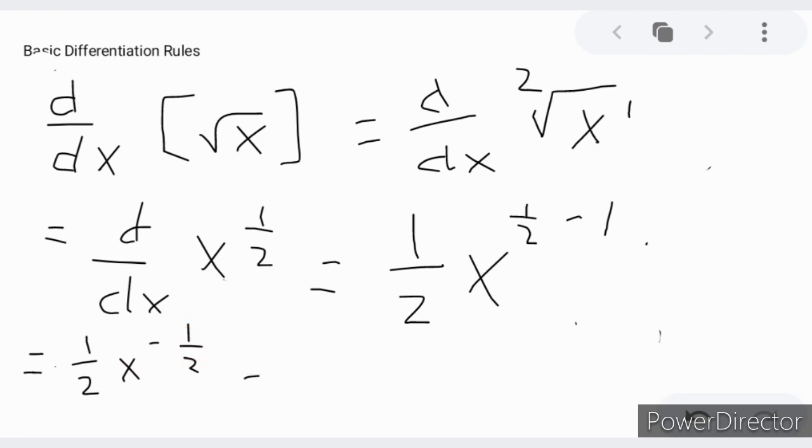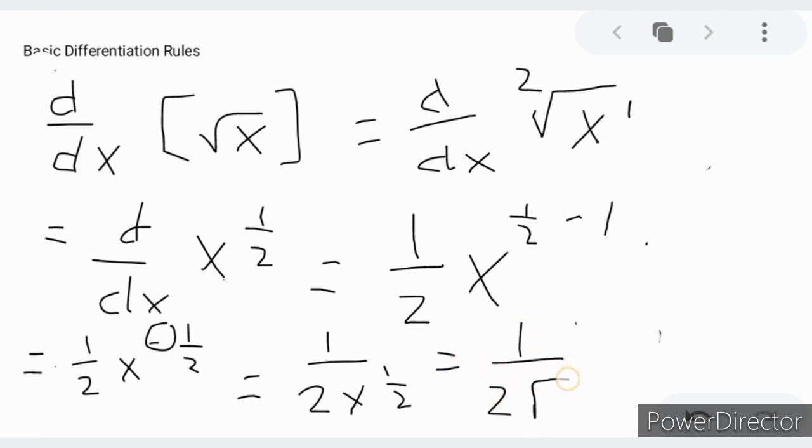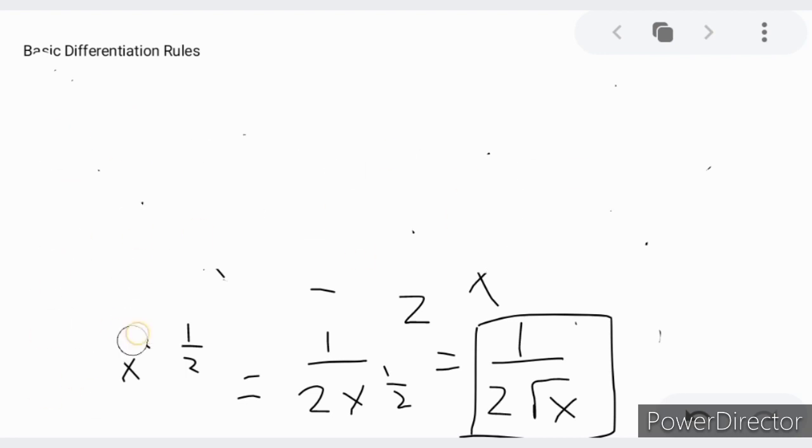But that is not the final answer because of the negative exponent here. So all we need to do is bring x down to the denominator to make the exponent positive. And to simplify again for our final answer, 1 times 2 and go back to the radical sign. So that is the derivative of the square root of x.